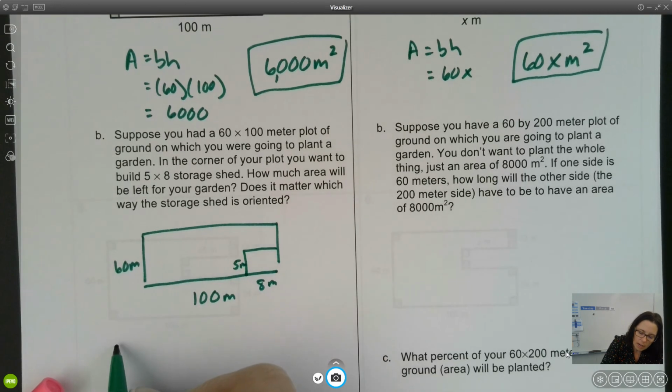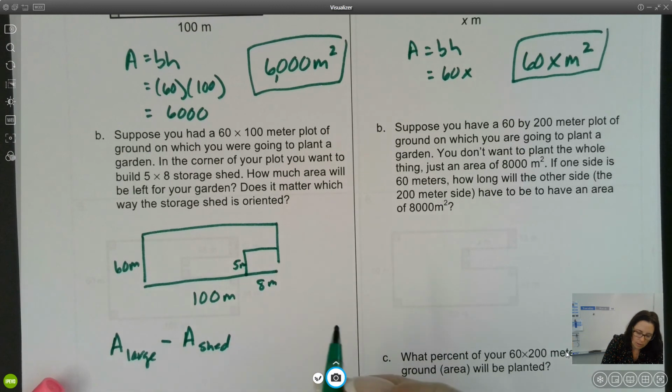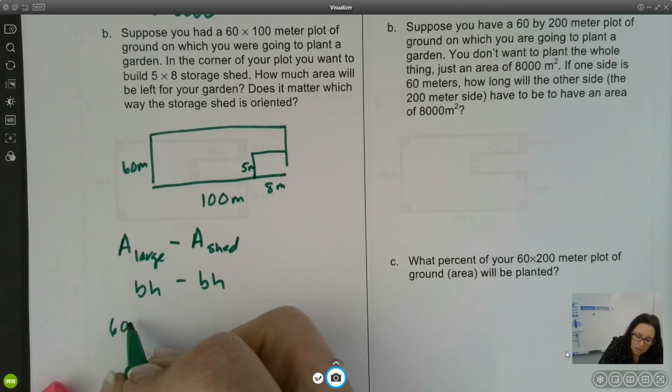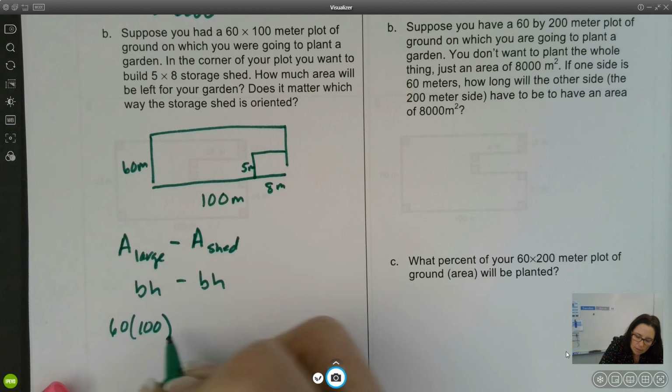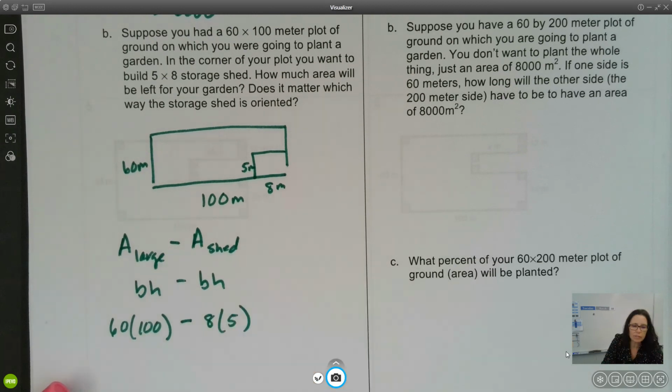Okay, so we've got the area of the large minus the area of the shed. Okay, so we're going to do base times height. This is going to be base times height, and this is going to be base times height. So we've got 60 times 100 minus 8 by 5.